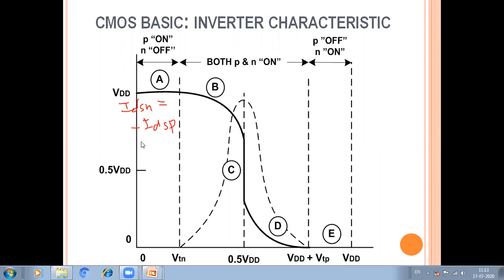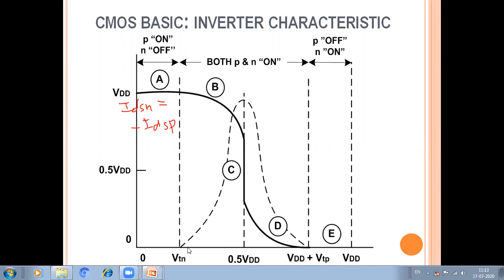When we apply 0 as the input, the output should be high, that is VDD. So VDD will appear at the output terminal. When I apply 0 as the input to the CMOS inverter, the output is VDD or 1.